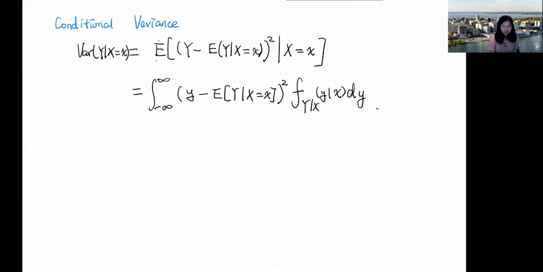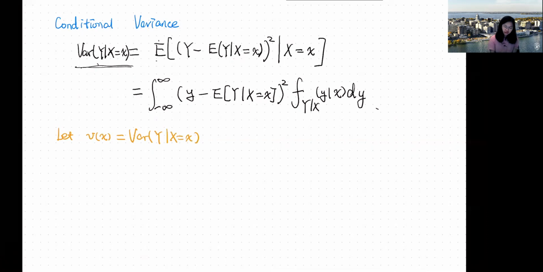Again, you can define a notation for conditional variance, define the random variable notation for the conditional variance in the same way as you define E[Y given X]. So you can let v(x) denote the function variance of y given x equals little x.